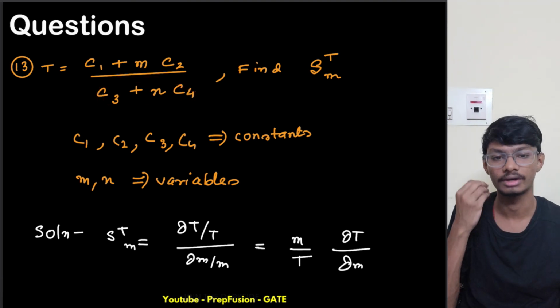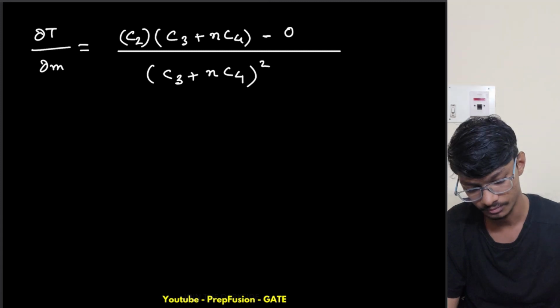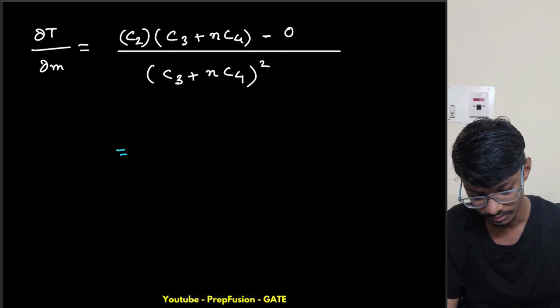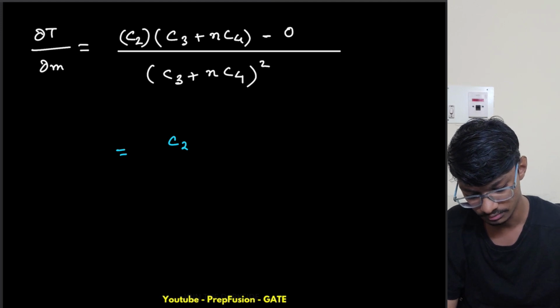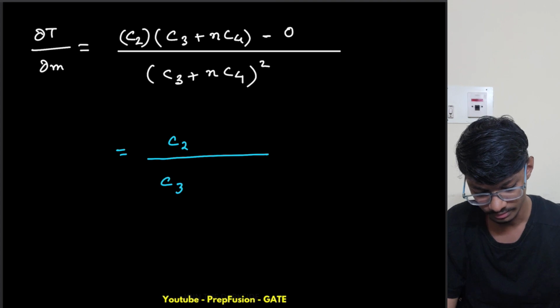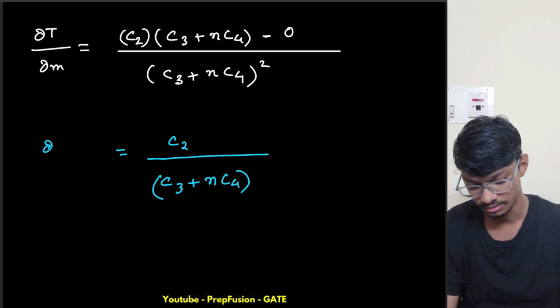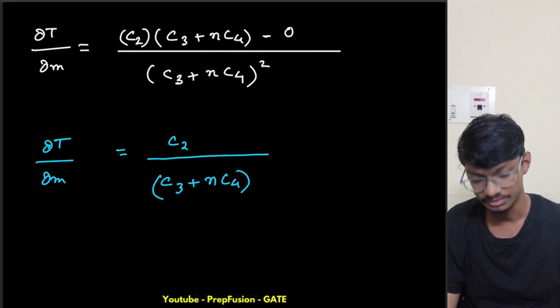We don't have a term of m in the denominator, so this will be 0, so minus 0. So we get c2, and now this one cancels out, so we are left with c3 plus c4. So this is the differentiation of the transfer function with respect to m.